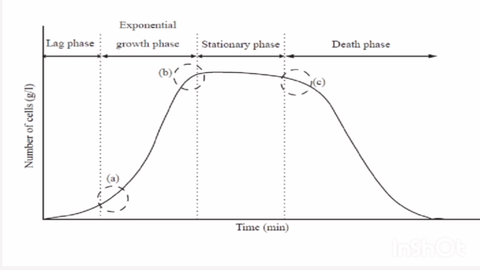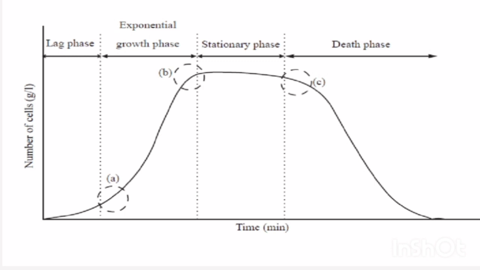A straight line is obtained in the log phase. Next phase is the deceleration phase. Here the growth of the microorganism decreases. Then they enter the deceleration phase.